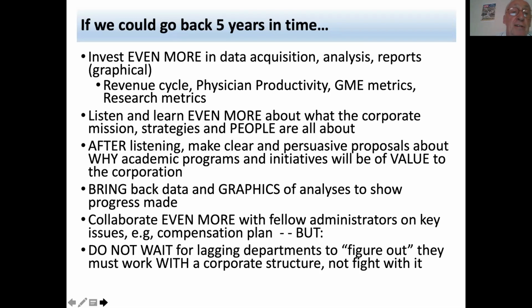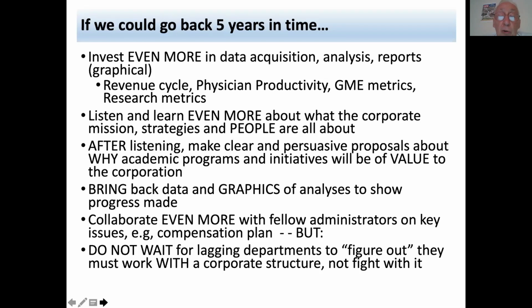We would have listened even more to learn about the corporate mission, strategies, and people and what they're all about. And then after listening, we would make clear and persuasive proposals about why academic programs and initiatives will be of value to the corporation. And then we would bring back the data and graphics of analysis to show the progress made.